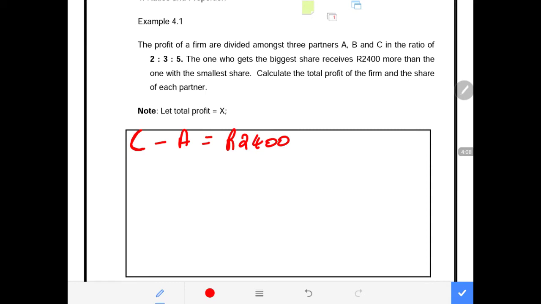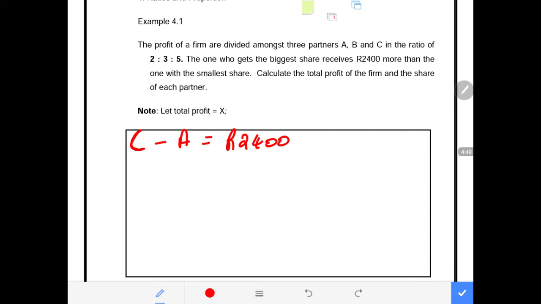That means the difference in profits between partner C and partner A is 2,400, because they say the one who received the biggest share, which is C, receives 2,400 more than the one with the smallest share. So that is why we're saying profit of C minus profit of A gives us 2,400.